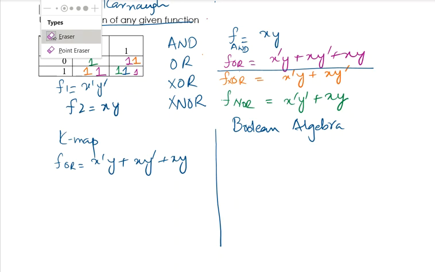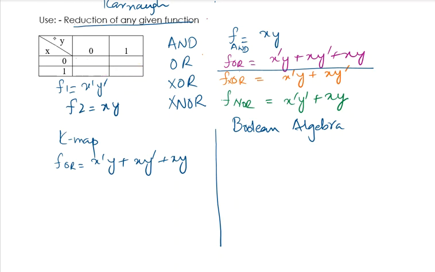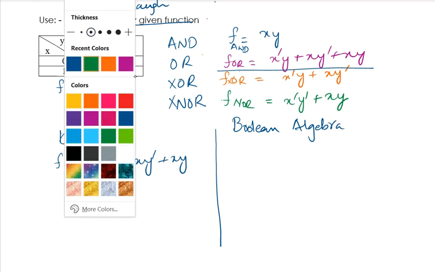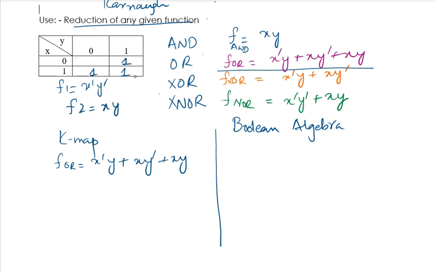Now, first of all, represent this function inside the K-map. As presented earlier, this is our representation. Now create groups out of this matrix in a way that ones are combined together and they must be connected either in the horizontal direction or in the vertical direction.